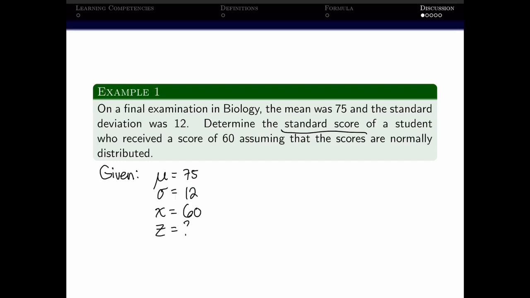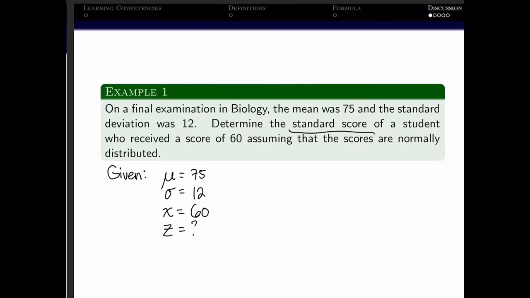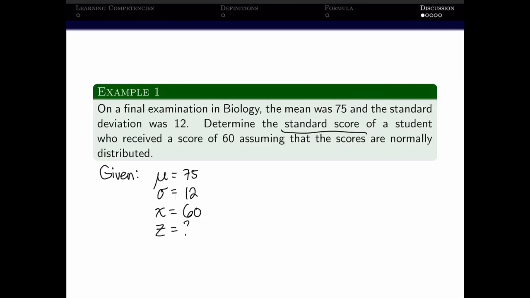Now, let's go back to the previous slide. The formula for the Z-score is x minus mu over sigma. And luckily for us, all of those parameters on the right-hand side are given, so we can easily solve for Z. Z is x minus mu over sigma, 60 minus 75 over 12.